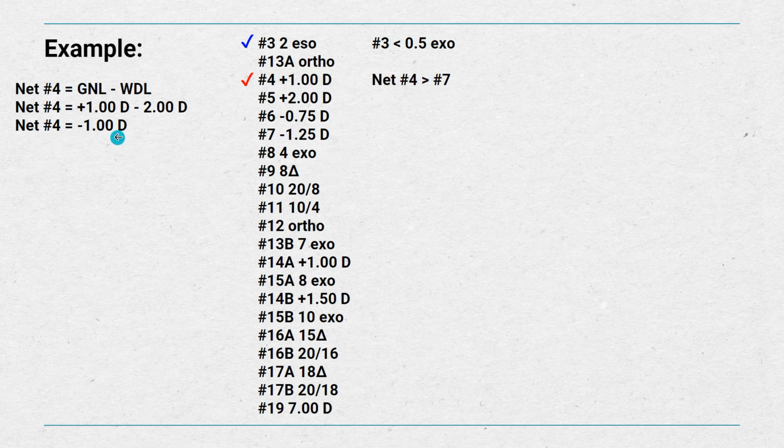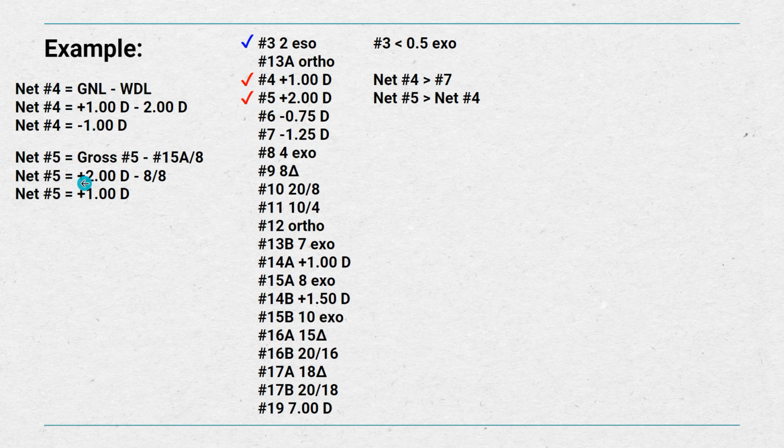So which is greater? Negative 1 is greater, because it is less negative. So net number 4 is less negative, or greater than number 7. So by that, you check it high.